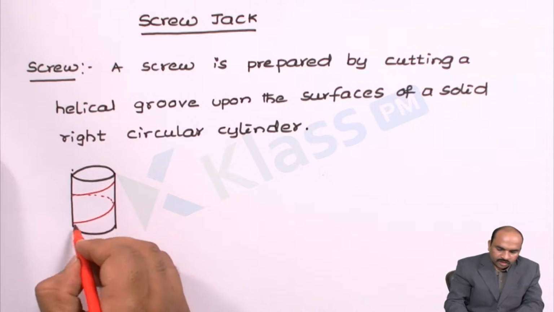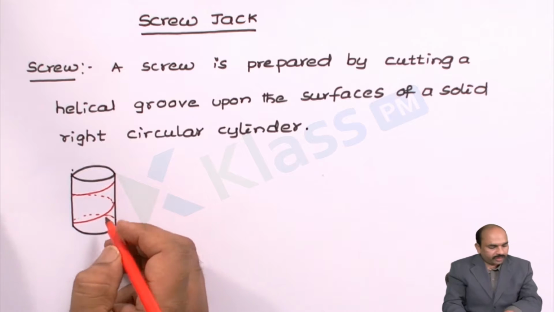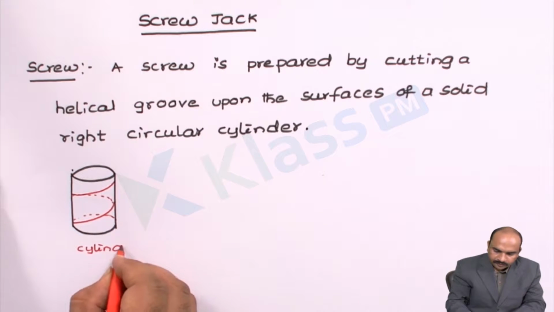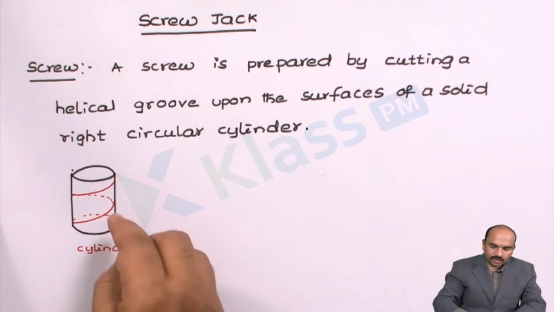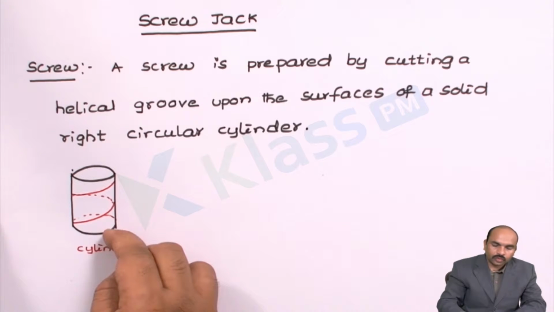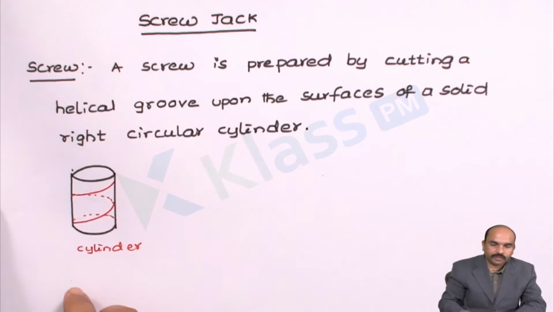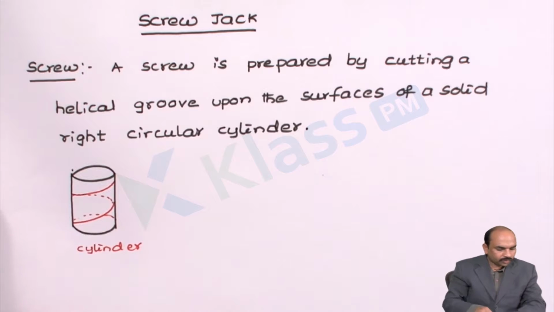The grooves are cut on the surface of the cylinder. Now on the surface of the cylinder, these are the grooves, helical grooves. You can see in the diagram. So now this is known as a screw.